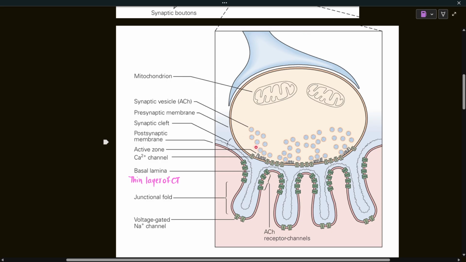As it is a layer of connective tissue, it has extracellular matrix components like collagen and glycoproteins.